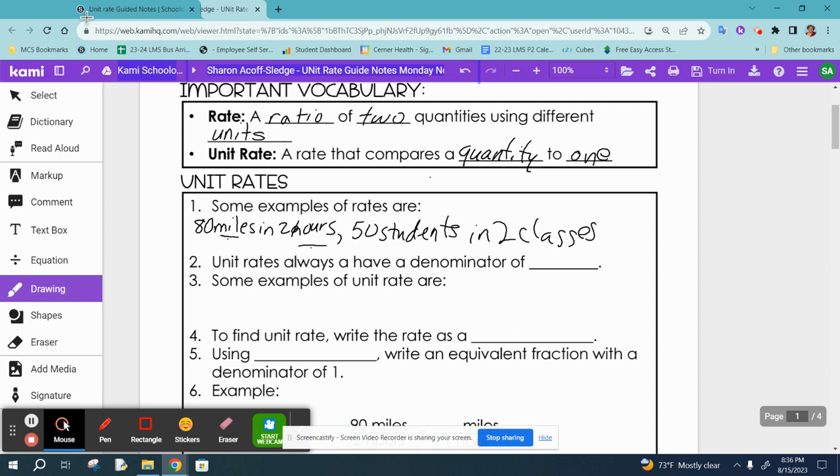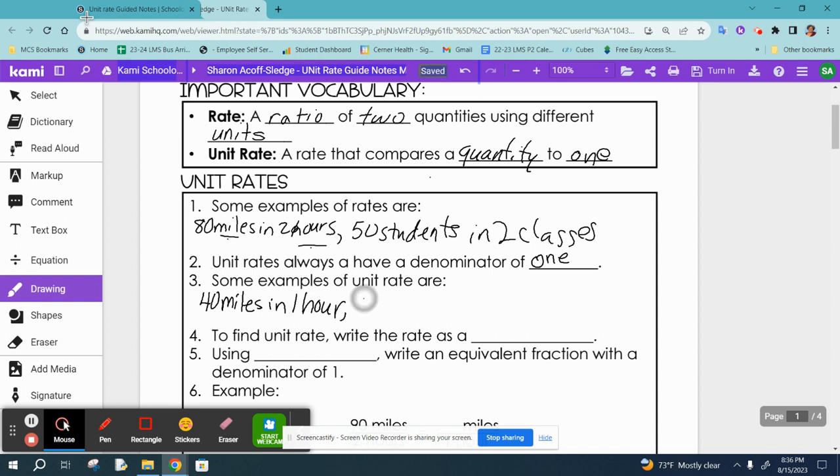Now, the difference between a rate and a unit rate is that a unit rate always has a denominator of 1. So some examples of unit rates, I'm actually going to use the rates that I used. So example of a unit rate would be 40 miles in 1 hour. Now you can slow this video down and rewind it anytime you want.